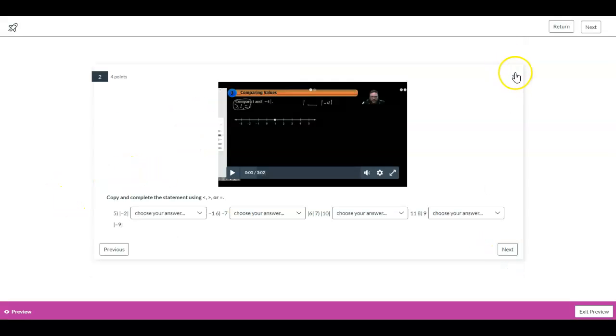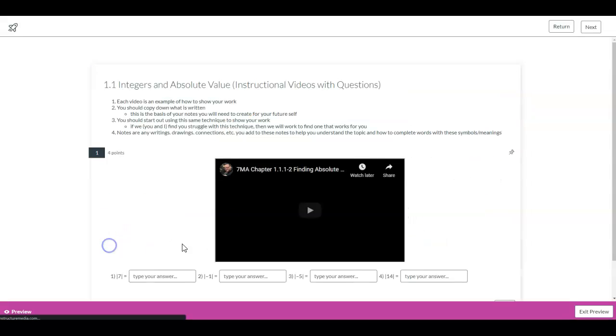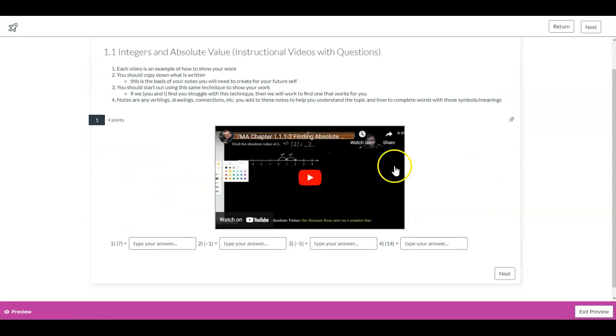They can jump around, they can pin questions, and each lesson, unless they go together smoothly, like 1.1 and 1.2, stands on its own. So this video covers both of those, and then they'll have 4 questions. They aren't embedded in the video, which I know Canvas allows us to do for certain parts, and I'm still trying to learn how to do that after the video's been made from an external source.